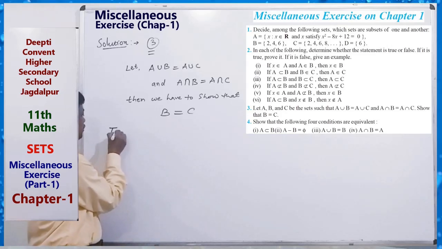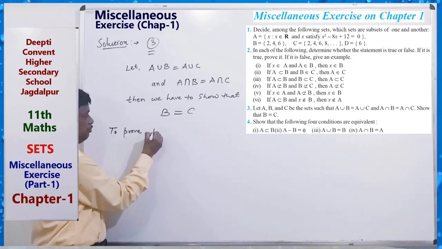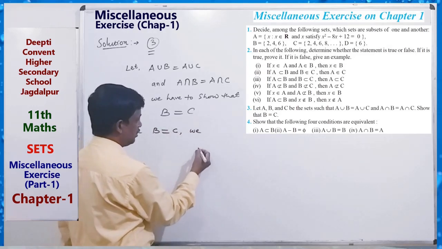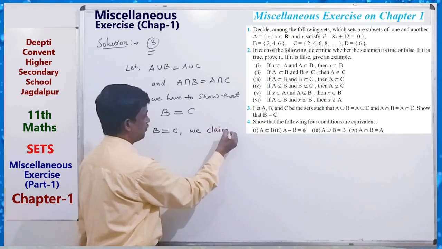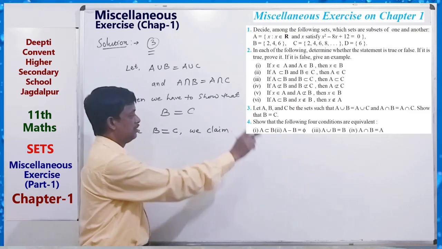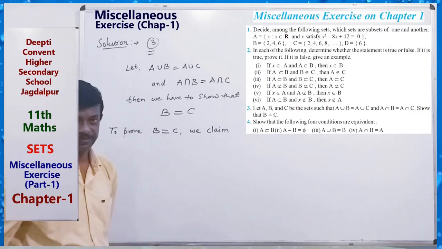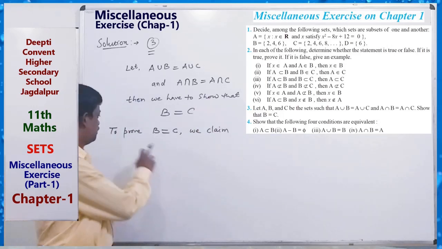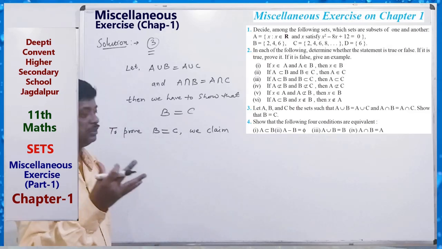To prove B equals C, we claim. Here I use this word, claim, which means we have to show that. We are requiring this.